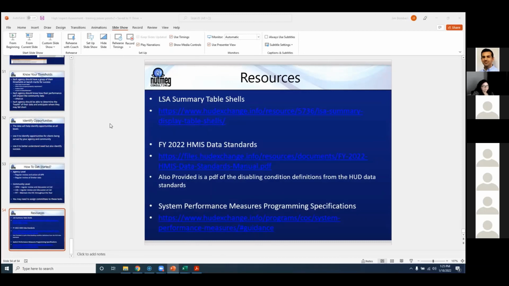HUD provides some brief definitions for each question that gets asked in HMIS. So you can certainly take some time if you'd like to look at those, or you may just want to target a few, like what we talked about today, the questions about approximate homeless start date. Getting an idea of the language behind that question from HUD will help in the data collection conversation with the household. So I've provided those links as well.